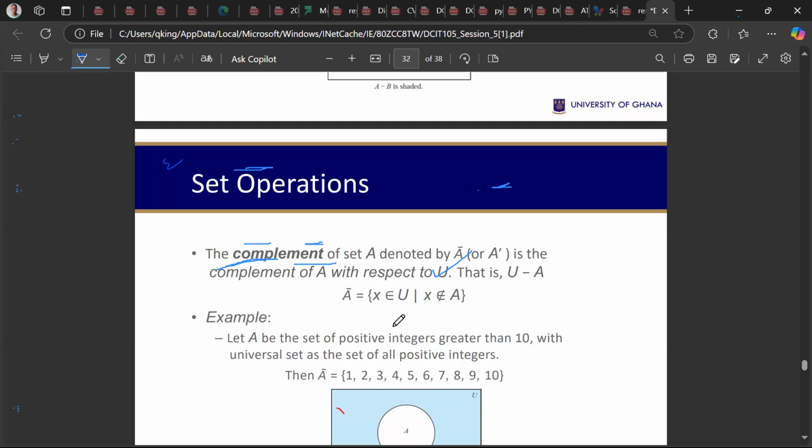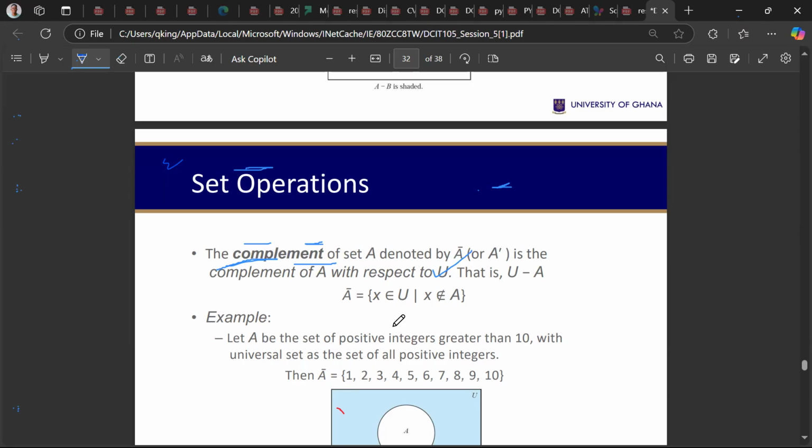We find our complement by subtracting the particular set in question from the universal set. The universal set U contains all possible elements under consideration in a given context. And then the complement of A consists of all elements in U that are not in A.